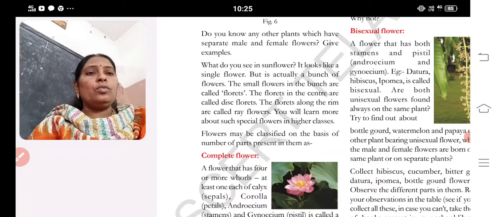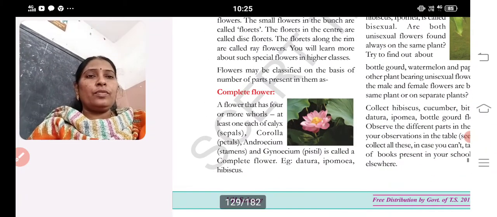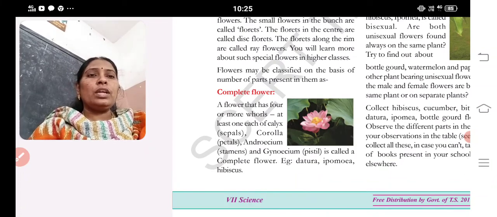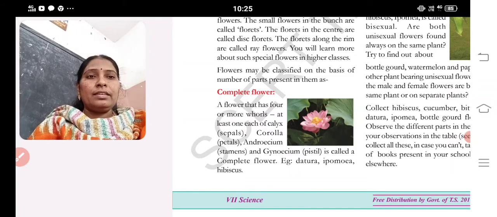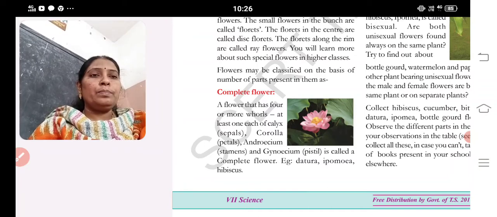Okay. Now coming to the complete flower. A flower that has 4 whorls, at least one each of the calyx (sepals), corolla (petals), androecium (stamens) and gynoecium (pistil), is called a complete flower. Examples: datura, hibiscus.